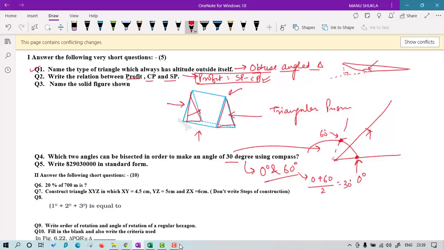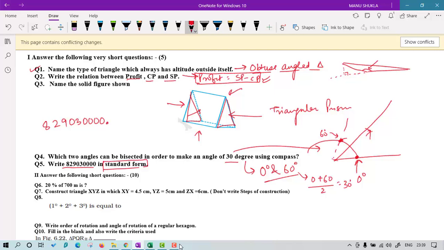Question number 5. Write this in standard form. Many of you wrote the expanded form, but the question was asking to write it in standard form. That means you have to put in the form like this: 82903, there are 4 zeros. So first of all, there is no decimal.